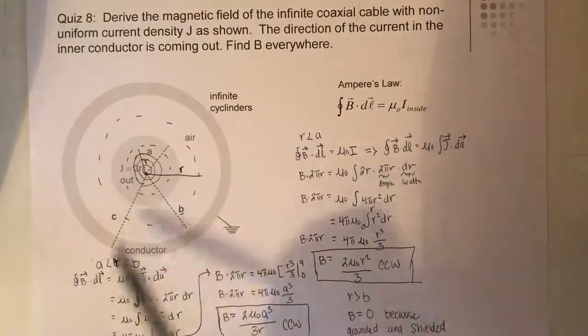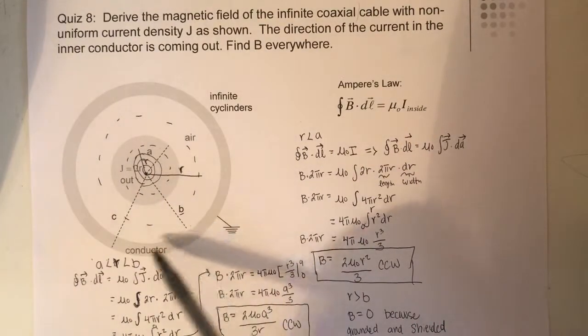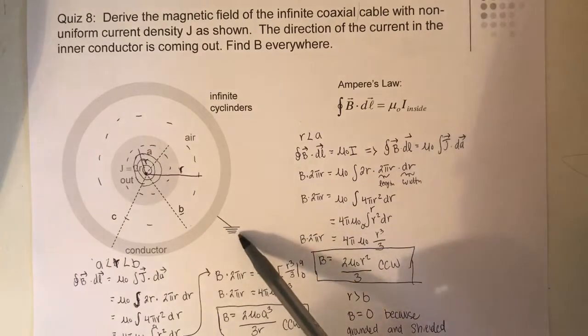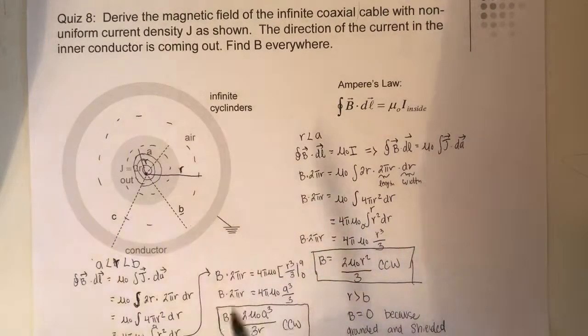Anywhere that r is greater than b, on the C radius, it's a conductor, and anywhere above that is grounded as well, so there'll be no magnetic field.